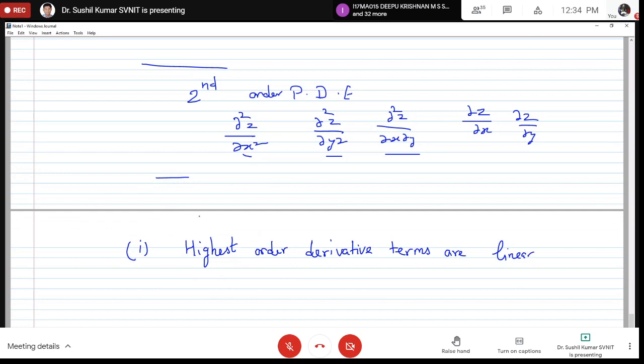It is for both semi and Cauchy. Okay. First condition. We'll check the linearity only for highest order derivative terms. Is that clear? Now, second one.